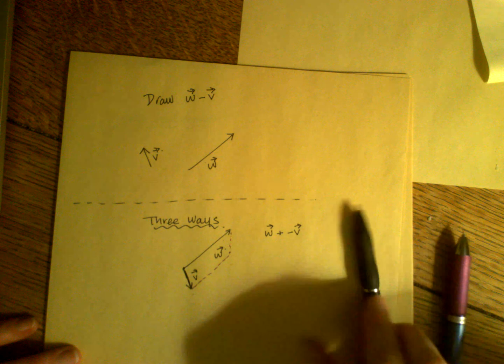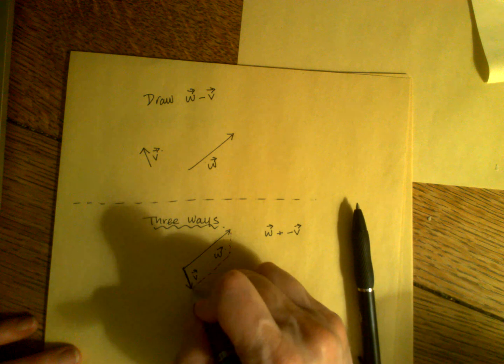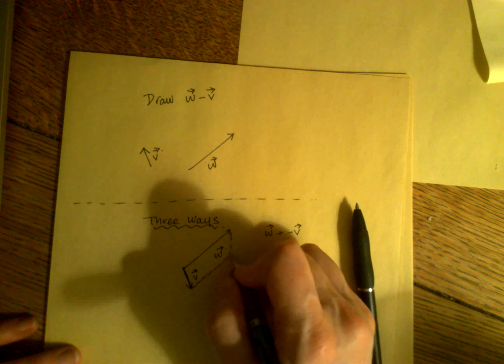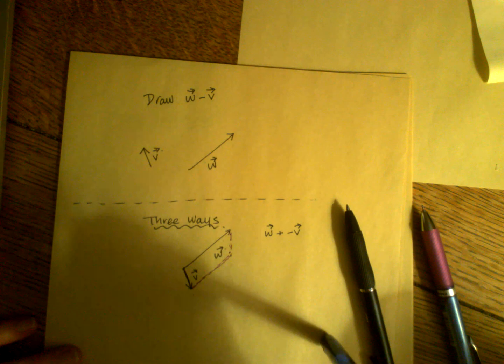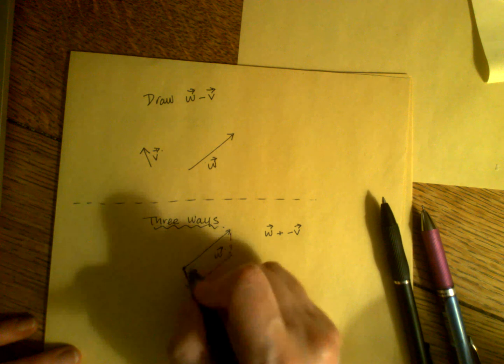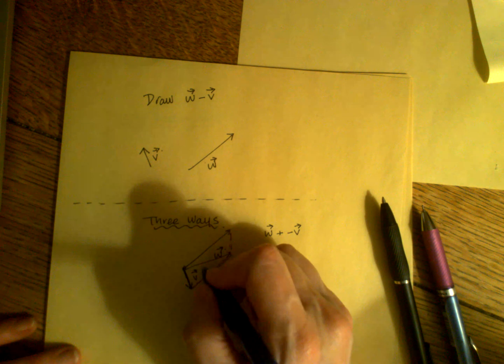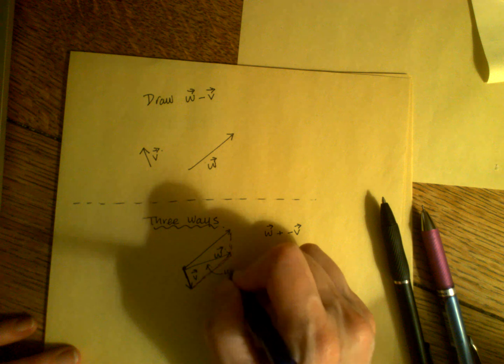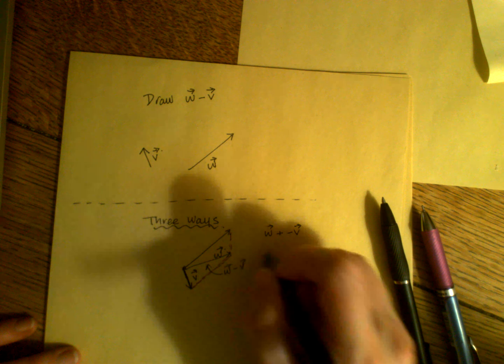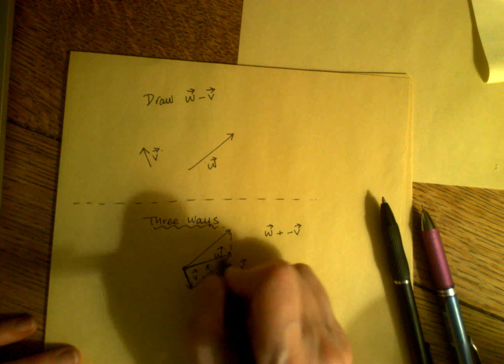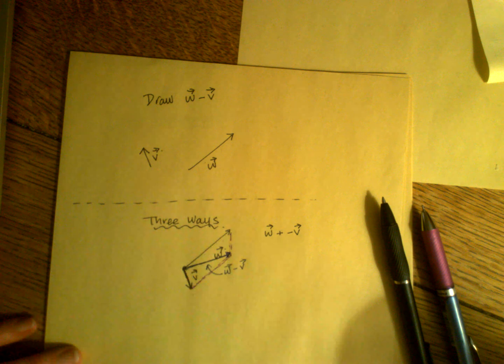And so the resultant starts at the tail of both of them and goes along the diagonal. So that's W minus V. Okay, so that's one way, and that's using the parallelogram law.